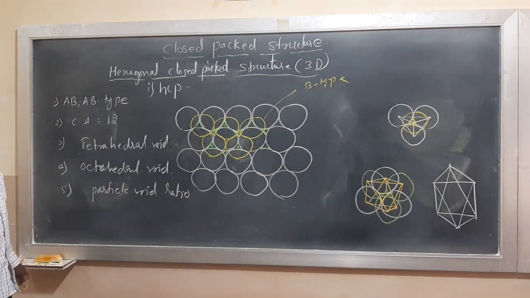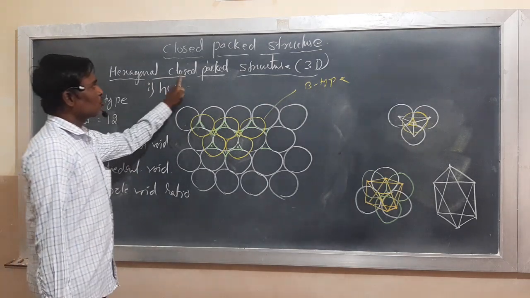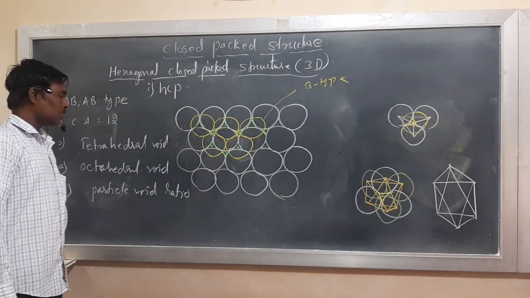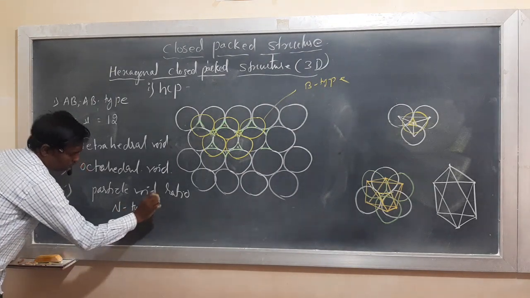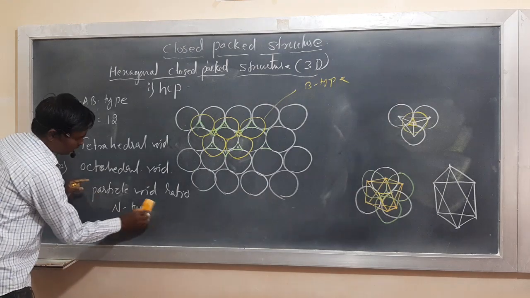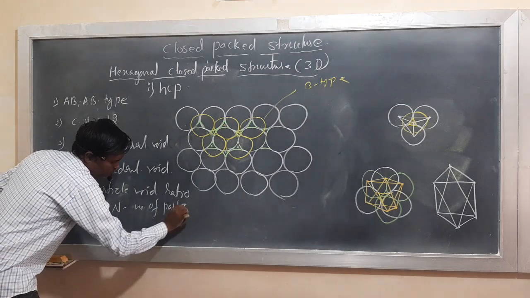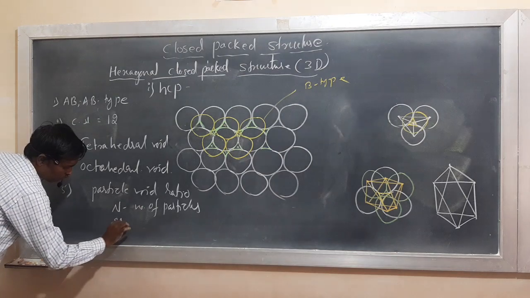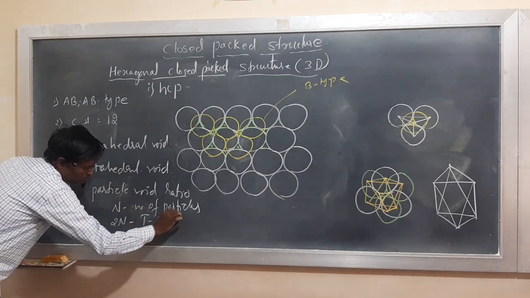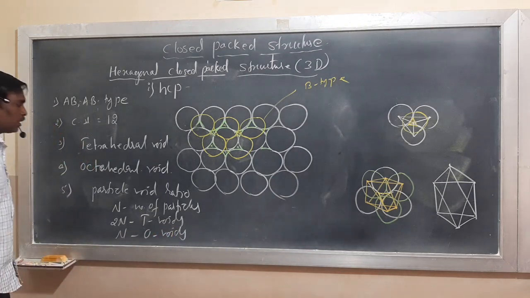If I consider n number of spheres arranged in a hexagonal close packing structure in a 3-dimensional manner, n number of the particles will form 2n number of tetrahedral voids and n number of octahedral voids. This is the particle void ratio.